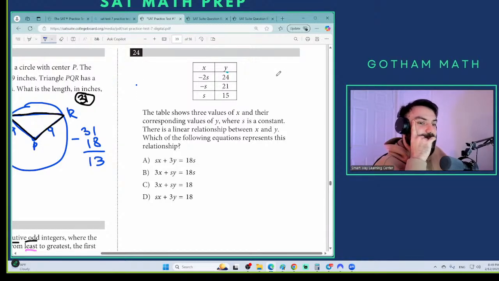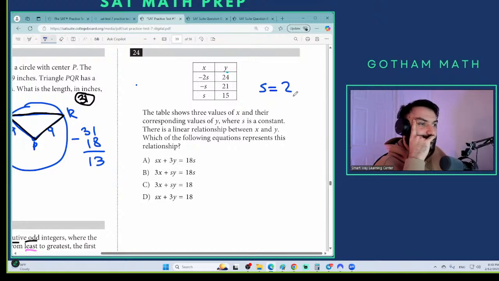Alright, let's assume that s equals, I don't know, anything, like let's say 1, right? What will happen? You know what, 1 actually may not work.